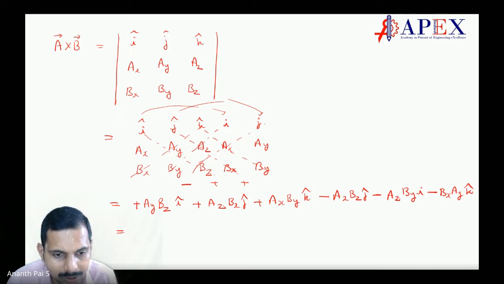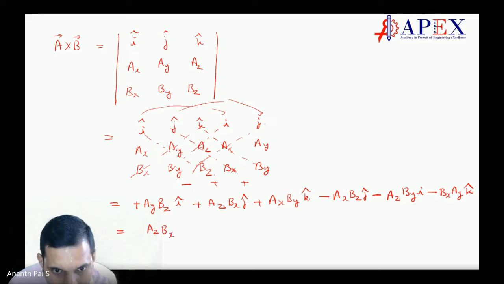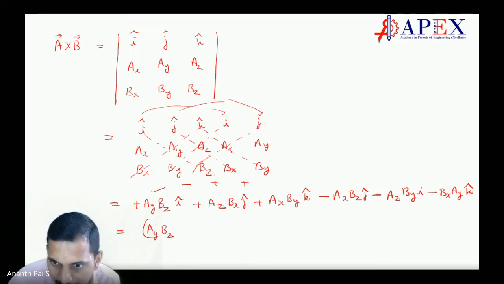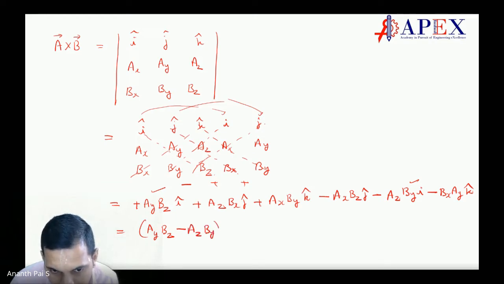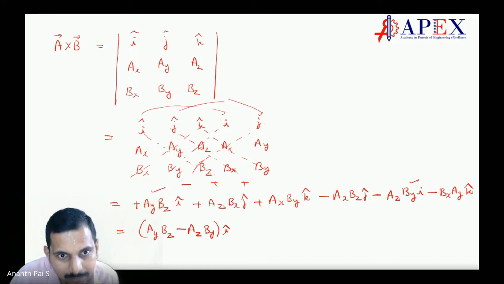See, if you see what it comes as, it comes as AY BZ into I, and here you will get minus AZ BY into I, is it not? See, AY BZ minus AZ BY into I, correct?